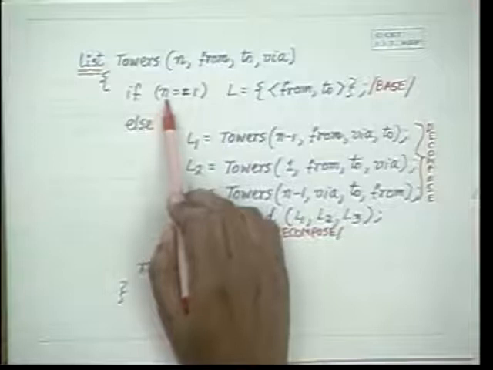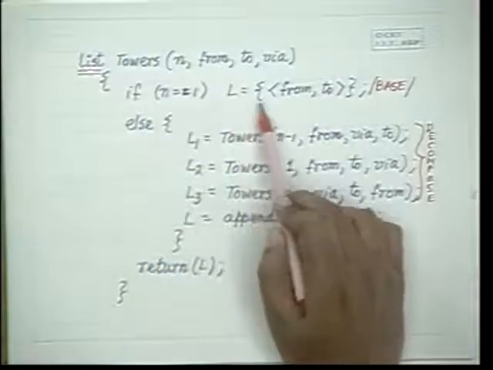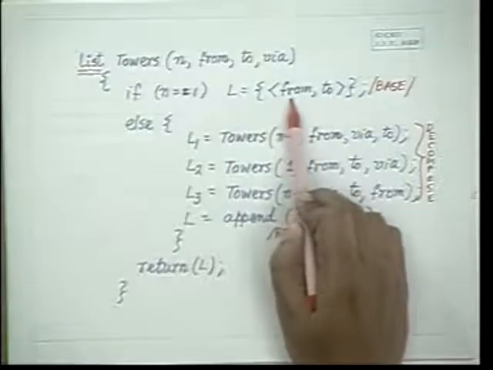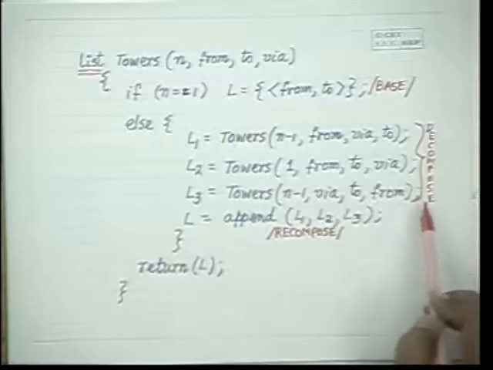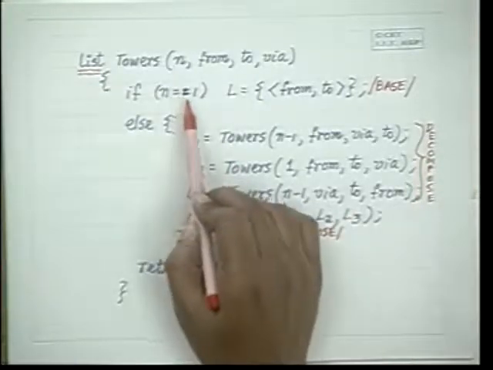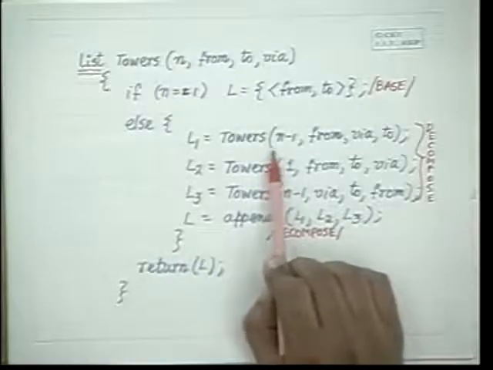The base condition was when n was 1, L, which is the returned list, is only one element: from to to. The inductive conditions were when n was greater than 1. There we broke it up into 3 subproblems.